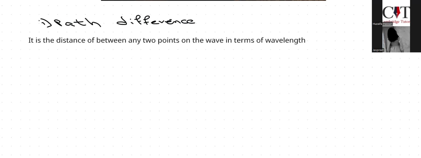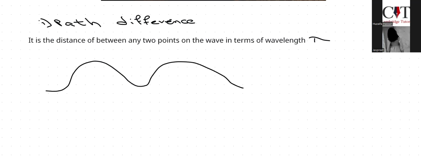So if the wave is like this, one point is here and another point is here. Tell me what is the path difference between these two points in terms of wavelength? Because path difference is always determined in terms of wavelength.